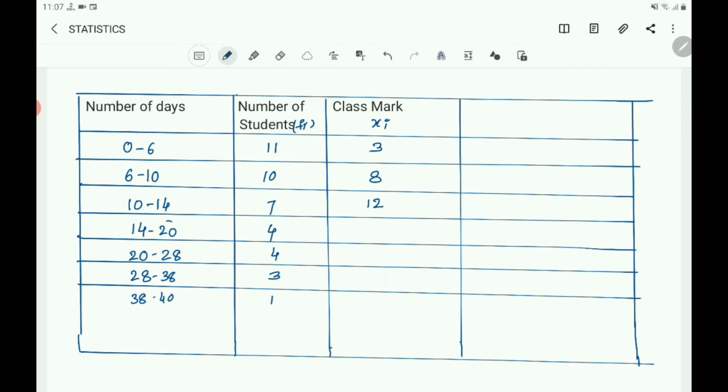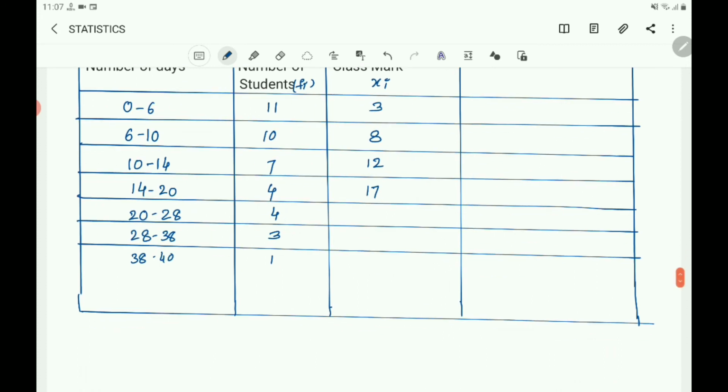Then 20 plus 14 is 34, 34 by 2 is 17. The next, 28 plus 20 is 48, 48 by 2 is 24. Then 38 plus 28 is 66, 66 by 2 is 33.